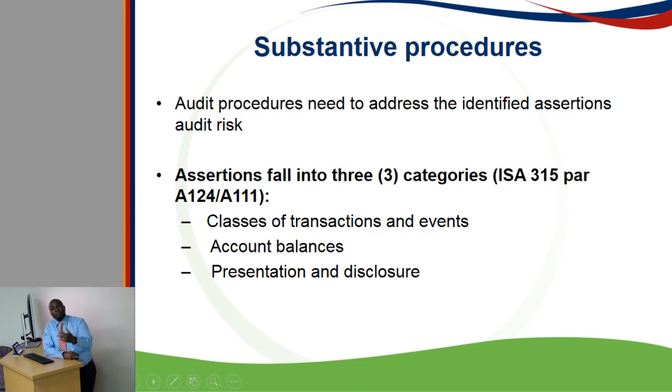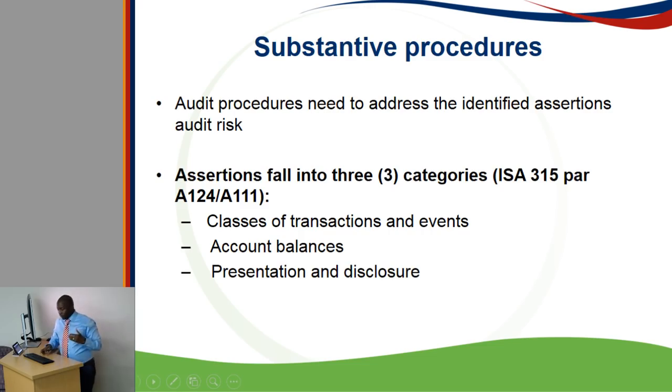So what management is telling me about that amount is that it's correctly classified. What management is also telling me is that all the sales which relate to this year that's under audit are included, and any of the sales related to the following year are excluded from that amount. So the cutoff is done correctly, right? So that's what management is telling you, and those are the claims that management is making, or the assertions that management is making about that 1 million amount that you see on the financial statements under revenue.